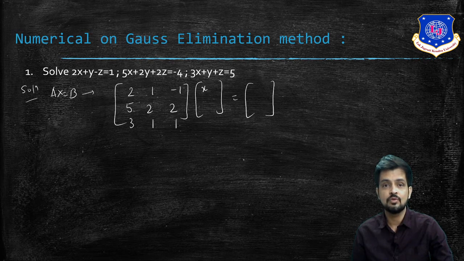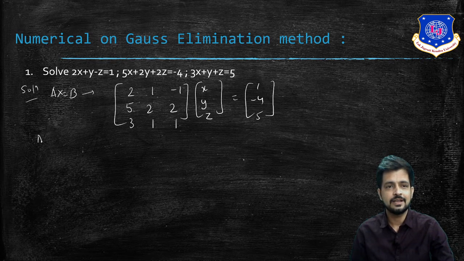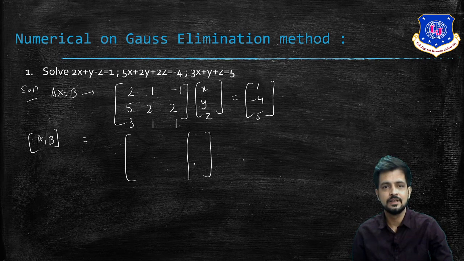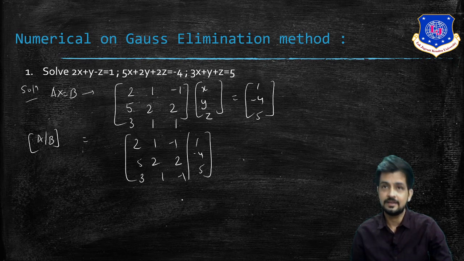Here the three unknown variables are x, y, z, and the constants are 1, minus 4, and 5. Okay, now first step is to write the augmented matrix. How I can write the augmented matrix? See, 1, minus 4, and 5 will come here. 2, 1, minus 1, 5, 2, 2, and 3, 1, minus 1.